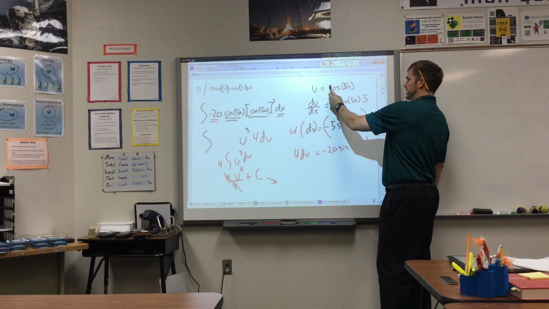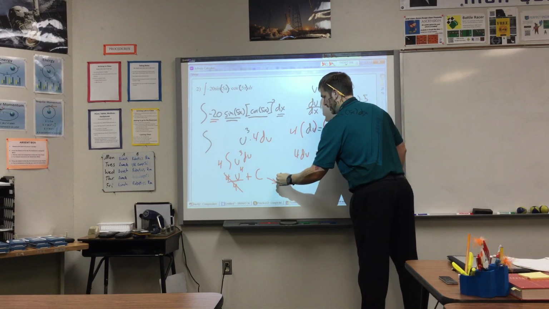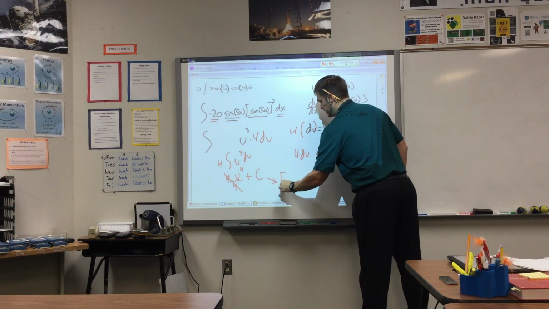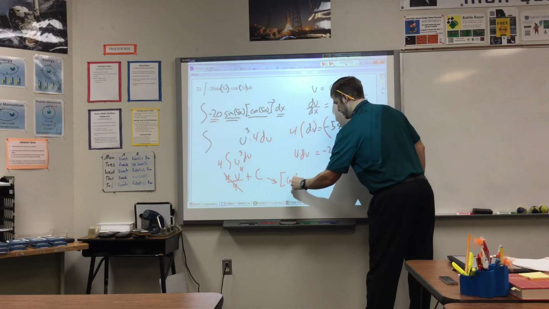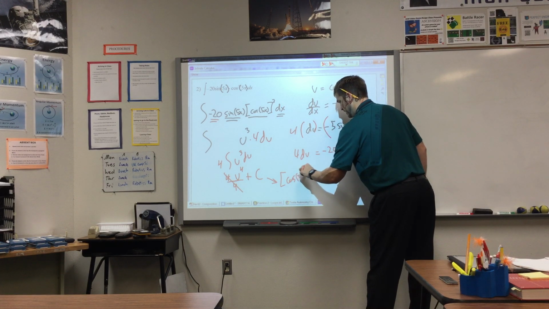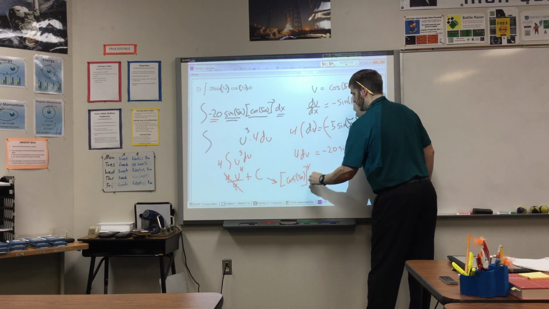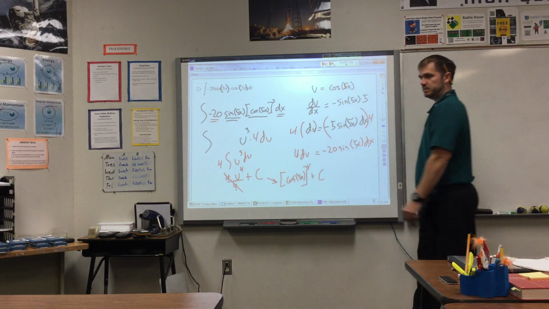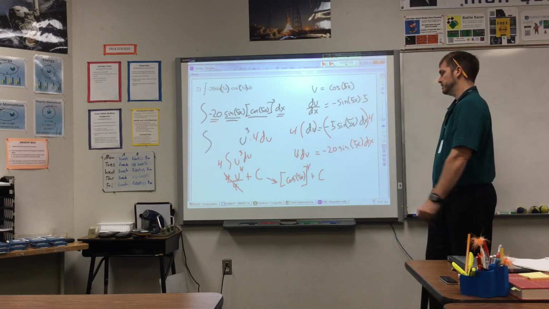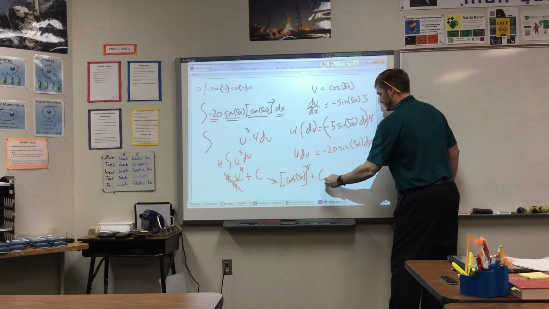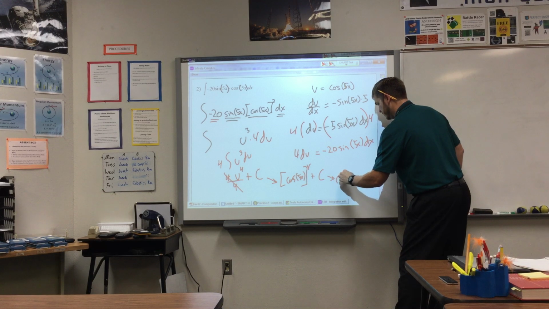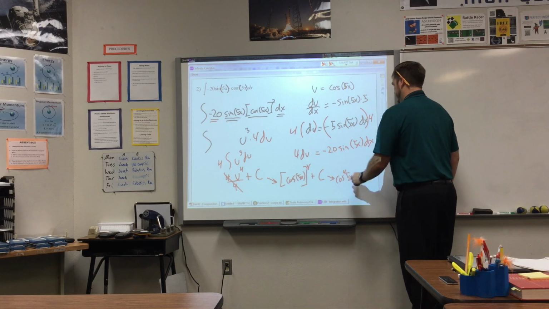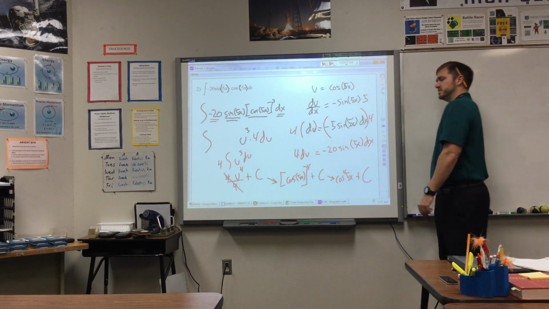Substituting back in, I could write this if I wanted to as cosine of 5x, all to the 4th, plus c, or if we wanted to write it in that fancy way, cosine to the 4th of 5x plus c.